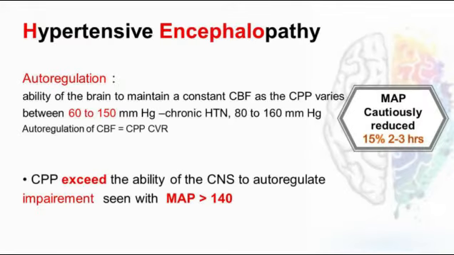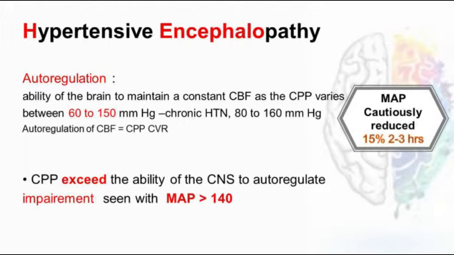The second one is hypertensive encephalopathy. It mainly depends on autoregulation, which is defined as the ability of the brain to maintain a constant cerebral blood flow as the cerebral perfusion pressure varies between 60 and 150, and the range shifts upward if the patient is a chronic hypertensive.